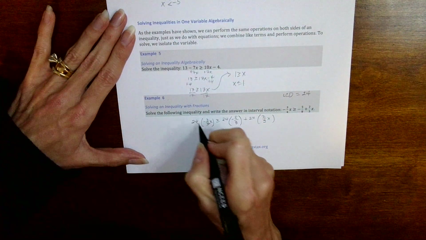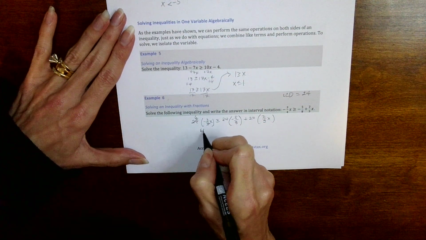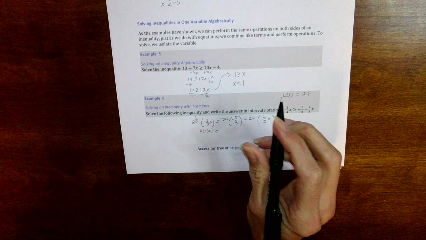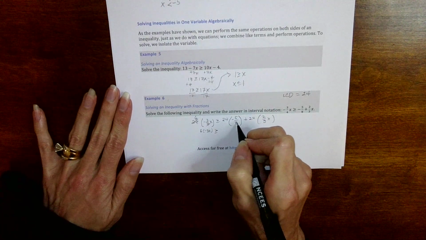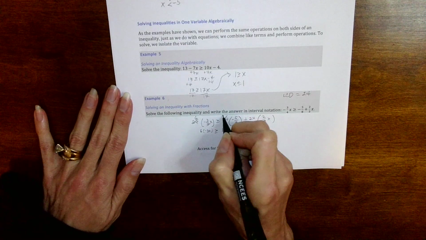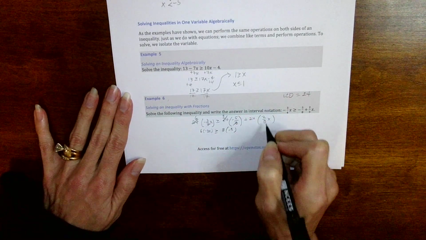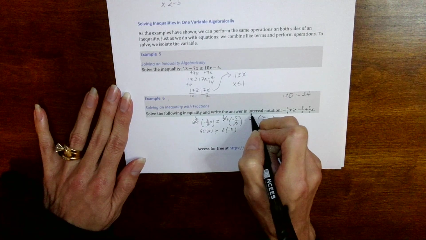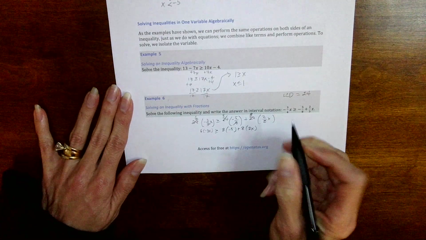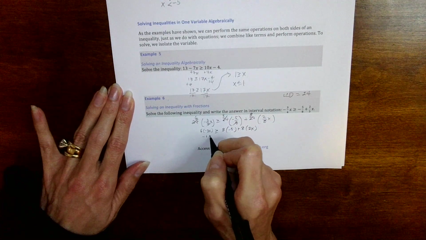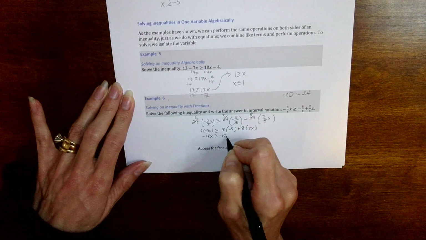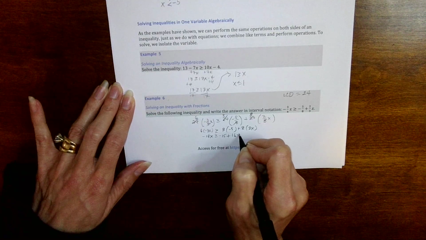So 4 goes into 24 6 times, so 6 times negative 3x greater than or equal to 8 goes into 24 3 times, so I have 3 times negative 5, and 3 goes into 24 8 times, so 8 times 2x, so that gives me negative 18x greater than or equal to negative 15 plus 16x.